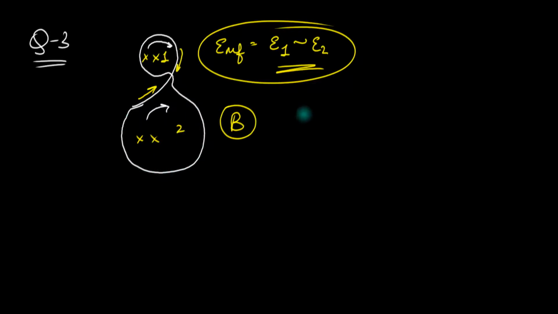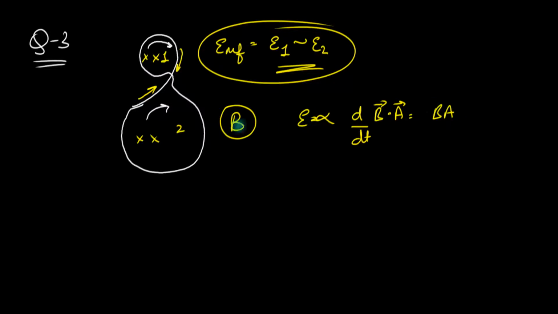But the EMF induced is proportional to dφ/dt, that is d/dt of B dot A. So that is proportional to, we can get rid of B and A because they are constants. So you get d/dt of whatever is the angle between them right now.